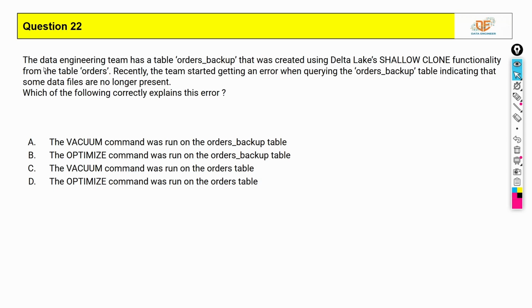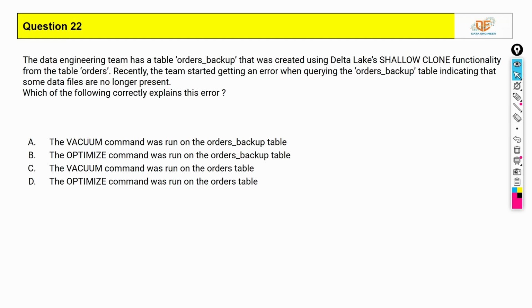Question number 22. A data engineering team has a table order backup that was created using the Delta Lake shallow clone functionality from the order table. Recently, the team started getting an error while querying the order backup, indicating that the table's data is no longer present. So in a shallow clone, we create a table just by copying the transaction log, not by copying the whole data.